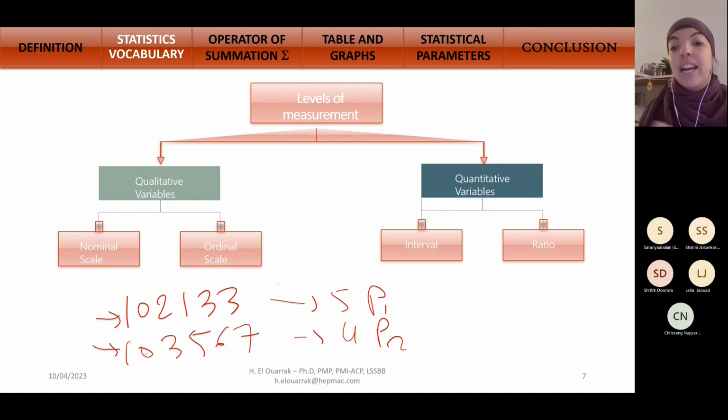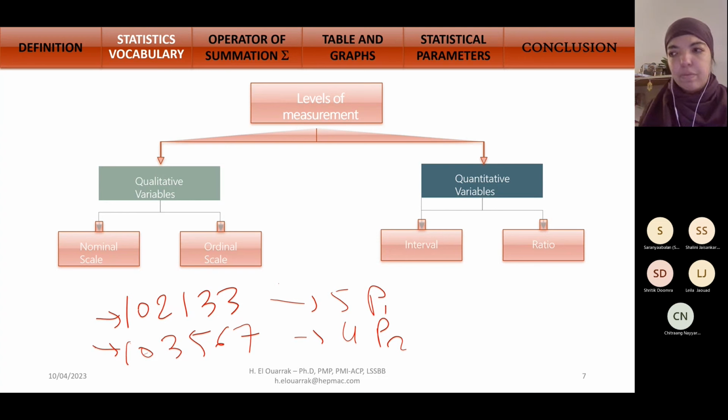Interval could also be sizes, for instance. Size 0 doesn't make sense, although there is a size. I heard that models need to be a size 0, but I'm talking about sizes for shirts, for instance.